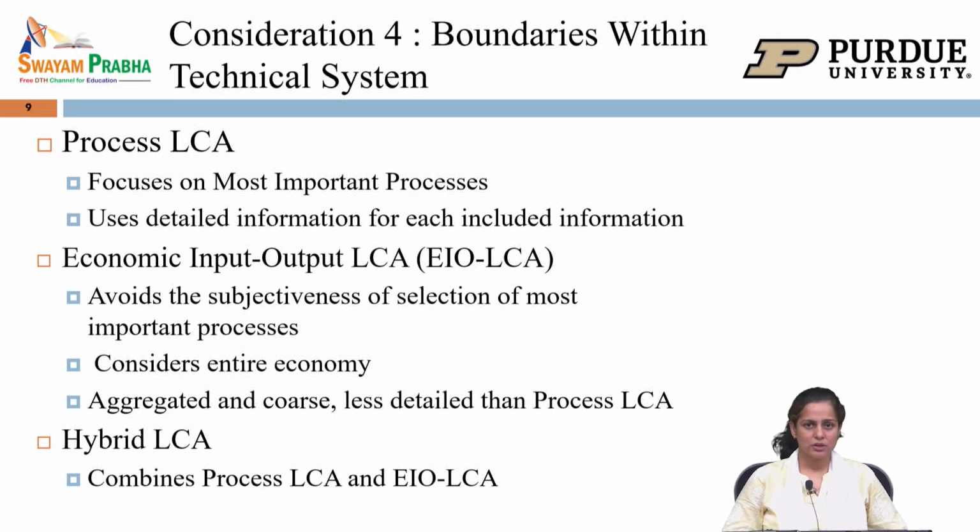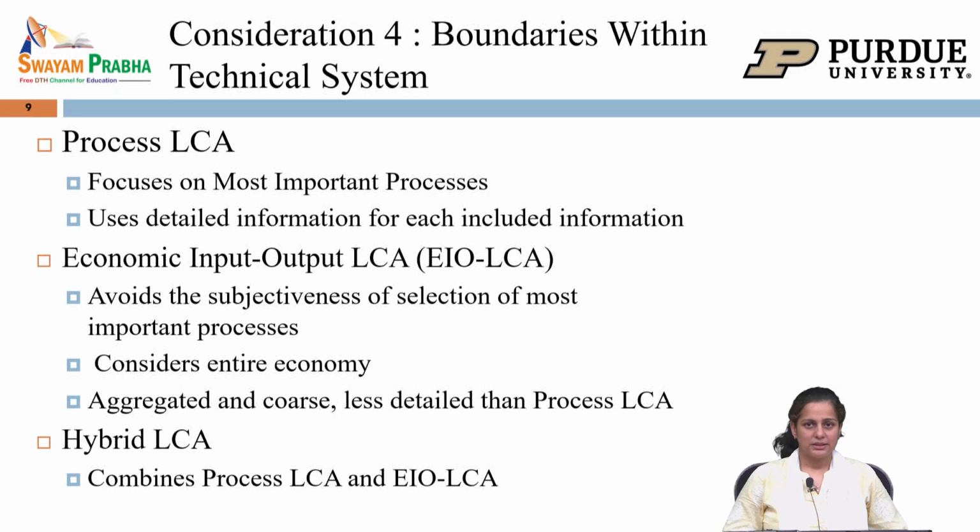The challenge with economic input-output LCA, as we will see when we go into detail, is that it is aggregated and coarse. It is less detailed than process LCA. So, of course, process LCA has the advantage of being more detailed, more accurate, while economic input-output LCA has the advantage of being more comprehensive.